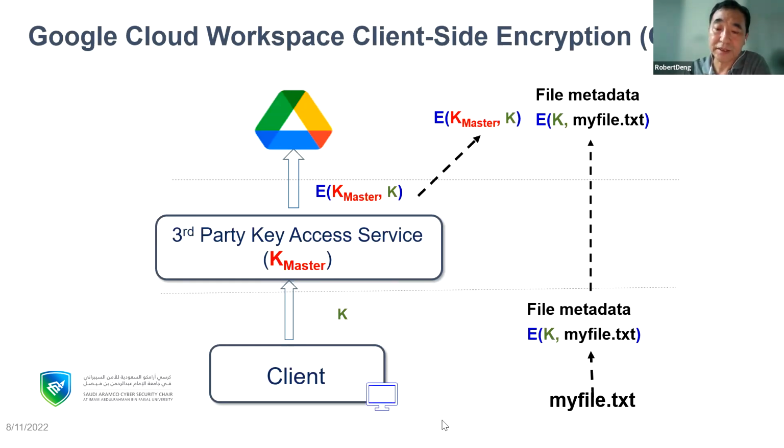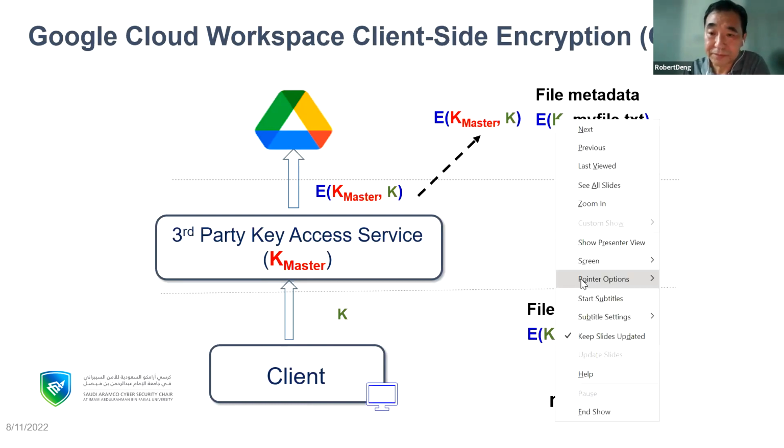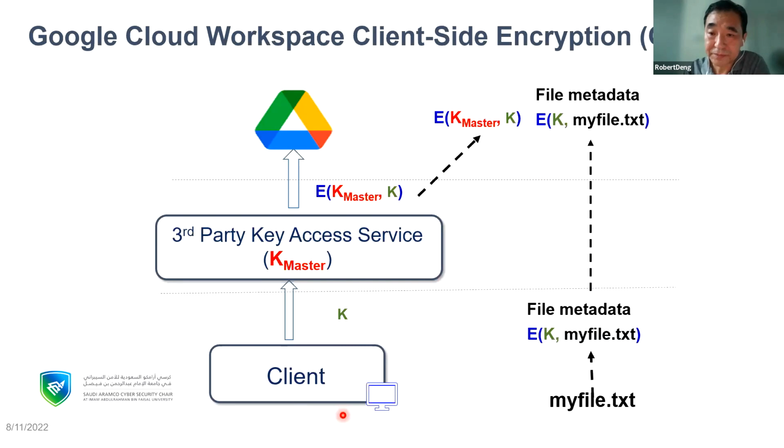And as a user, as a client, which is at the bottom of the chart, when the user has a file to encrypt, it will generate a secret key to perform the symmetric key encryption, upload the ciphertext to the cloud, and at the same time, the client will pass the key to the third party.